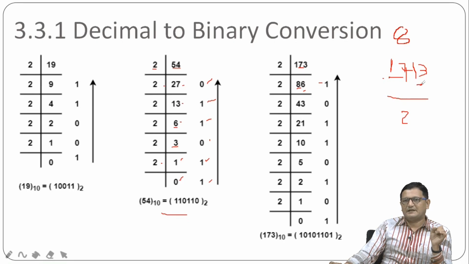Now this number becomes 13. 2 6s are 12, but the number is 13.